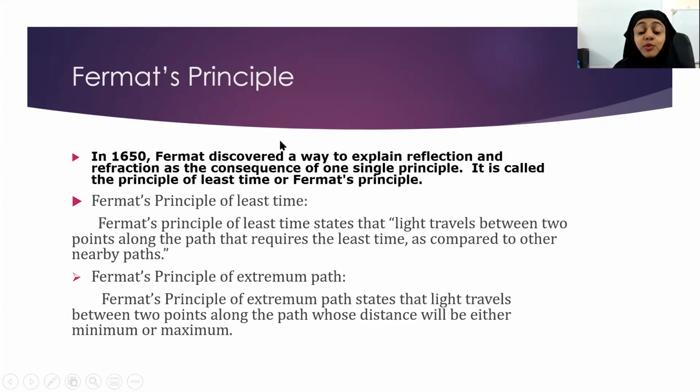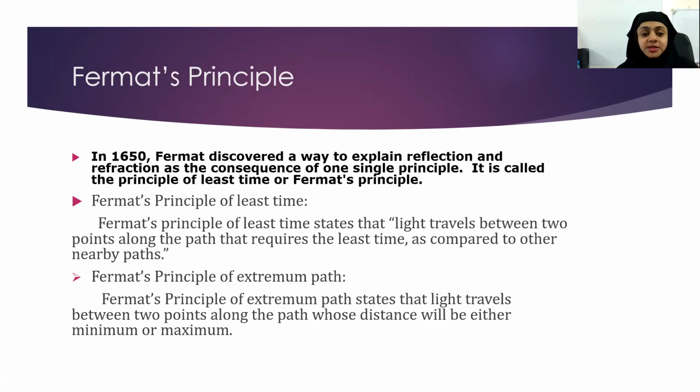Fermat discovered a way to explain reflection and refraction as the consequence of one single principle. It is called the principle of least time or Fermat's principle. In fact, Fermat gave two principles. One is called the principle of least time, and the other one is called the principle of least distance or extremum path.